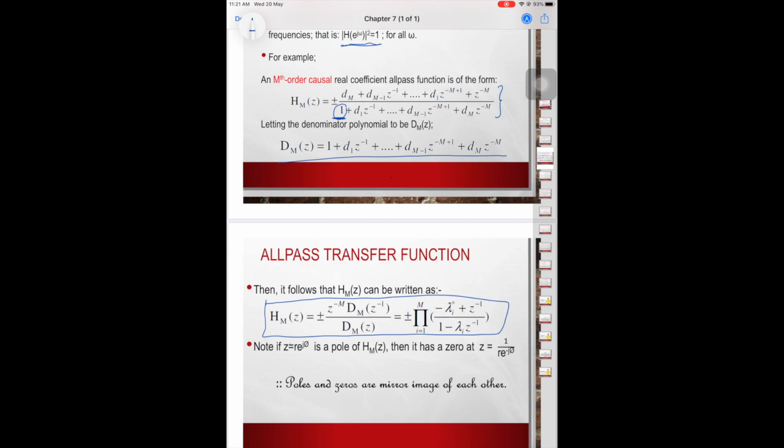Note that if z equal to r e^jθ is a pole of H_M(z), then it has a zero at z equal to 1 over r e^jθ. Because of this condition, the poles and zeros are actually mirror images of each other.